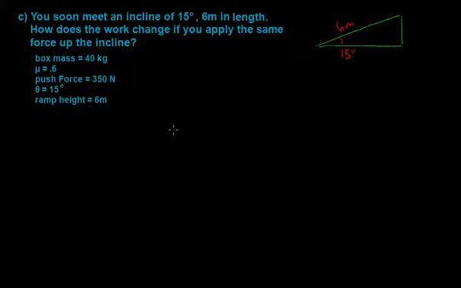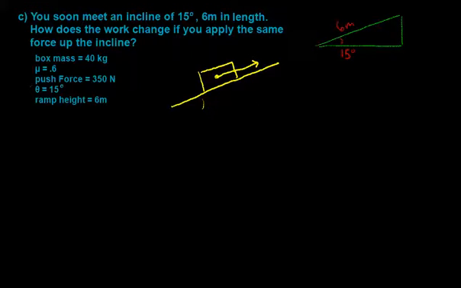So we can just quickly draw a free body diagram of this situation so we can get a good sense of which forces are going to be applicable when we calculate our work. So we have the surface of our ramp, and then we have our box, and of course we are pushing this box up the ramp, so this direction would be our push force.